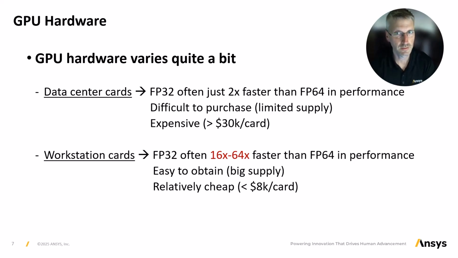Now by contrast, workstation cards are extremely easy to obtain and relatively affordable compared to the data center cards. Workstation cards have a much different double precision to single precision computation ratio, often 16 to 64 times faster than double precision computations, assuming the calculations are done using the lower precision.